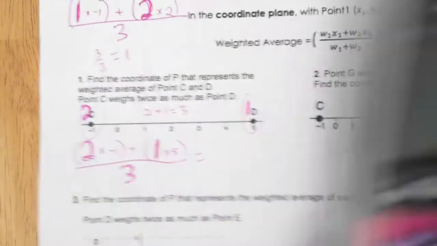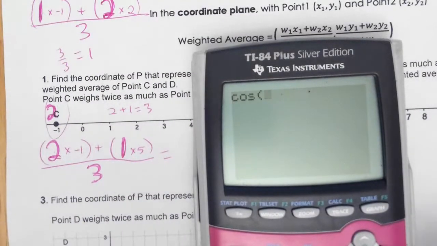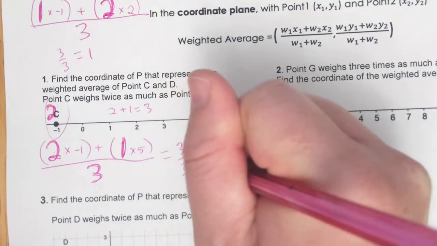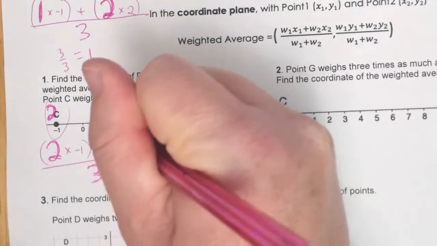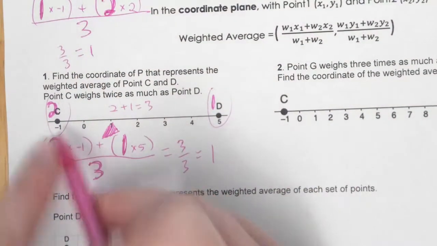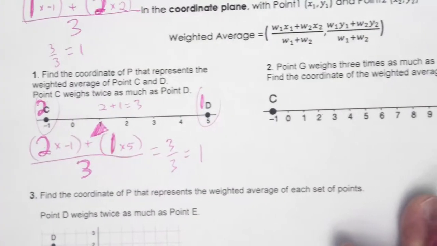All right, so let's just do the top by itself first. So we have parentheses, 2 times -1 plus 1 times 5, and we have 3. So 3 divided by 3, and that would be 1. So the location of the fulcrum would have to be at 1, and notice that we're closer to the heavier side, so that makes sense. So I feel good about that one.